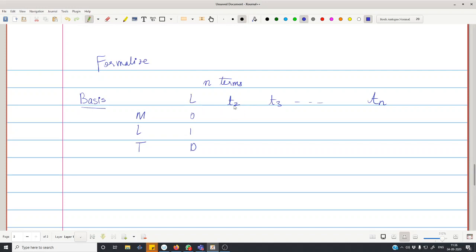Suppose term 2 is velocity. So velocity will be m to the power 0, l to the power 1, t to the power minus 1. Third term is mass. Let's say I have pressure.